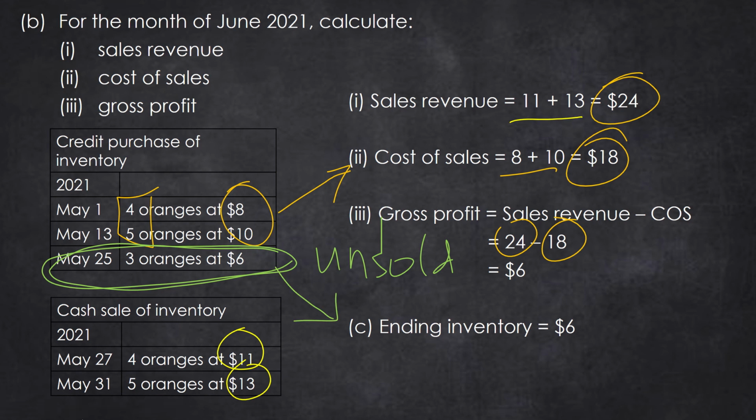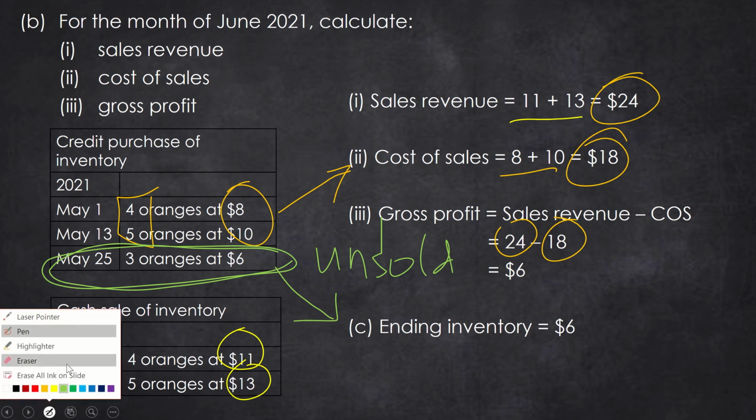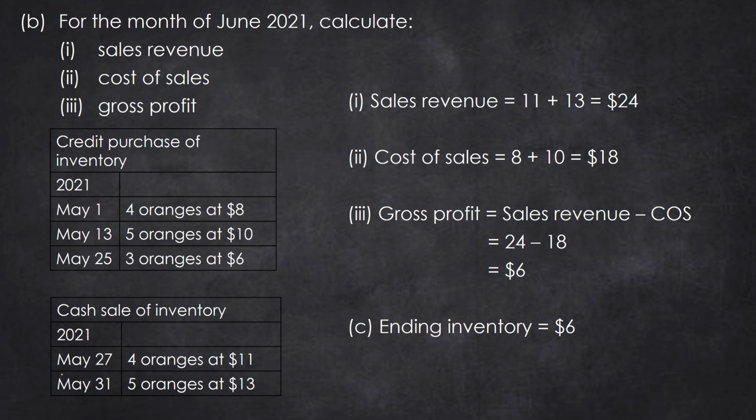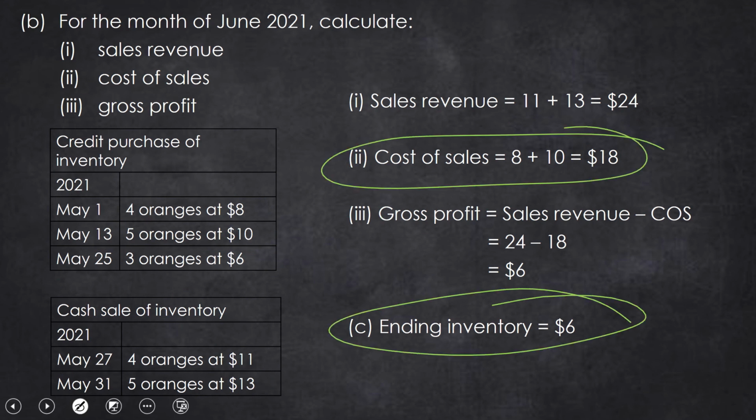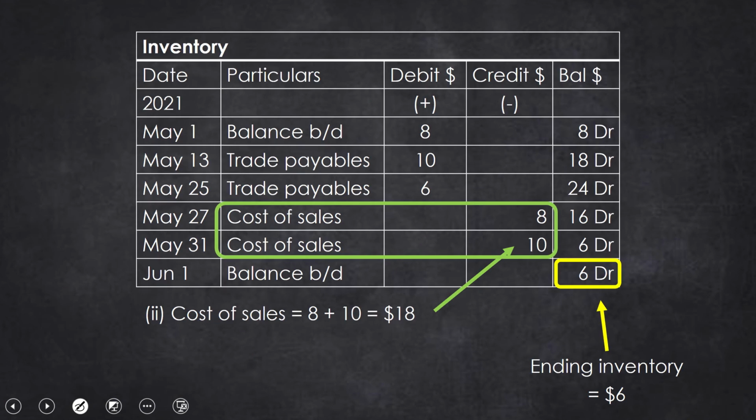Now, actually, I can calculate my cost of sales as well as my ending inventory from my inventory account. Let's take a look how. How do I calculate my cost of sales from my inventory account? I need to look at my cost of sales number. All right, so these two double entry, which says cost of sales, right? So these two are my cost of sales for the month of May.